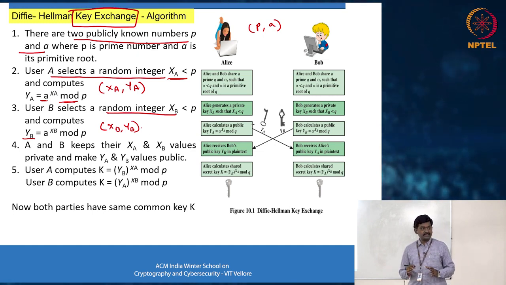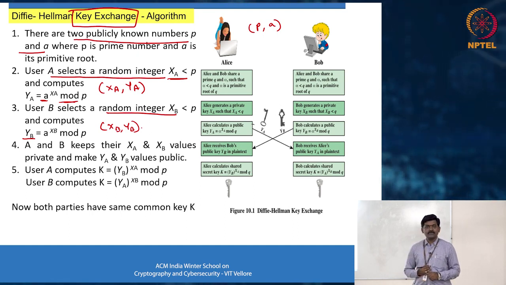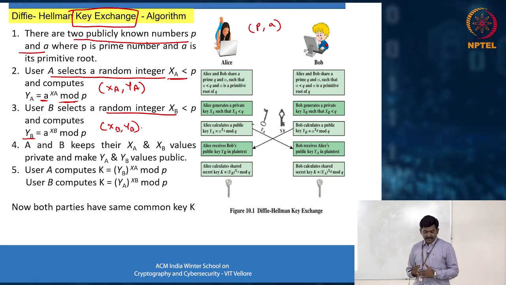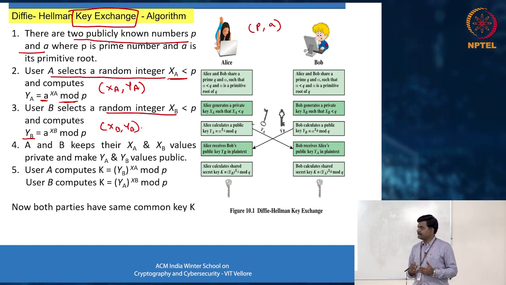X values are kept secret, y values get exchanged. So Alice kept xa as secret, Bob keeps xb as secret.